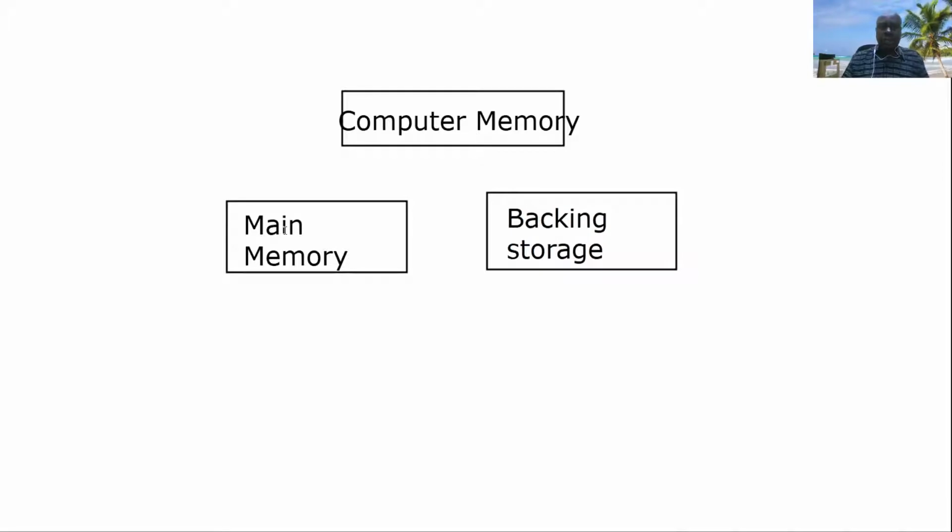The main memory is the memory that is used when the computer is processing or working, performing calculations, doing normal operations. Backing storage is the memory that is used to store software and data that is not currently being used.